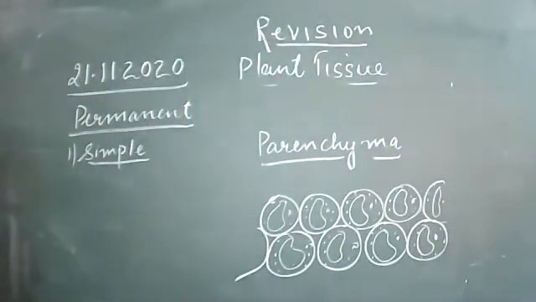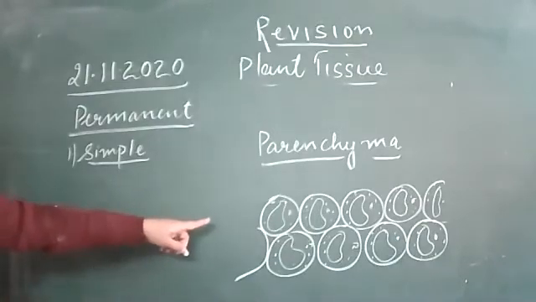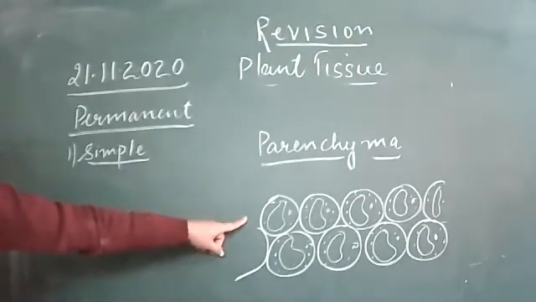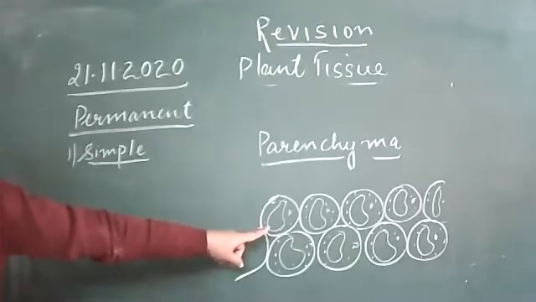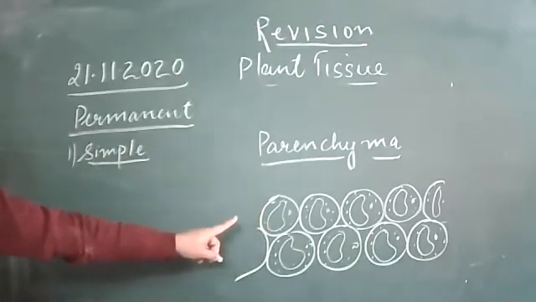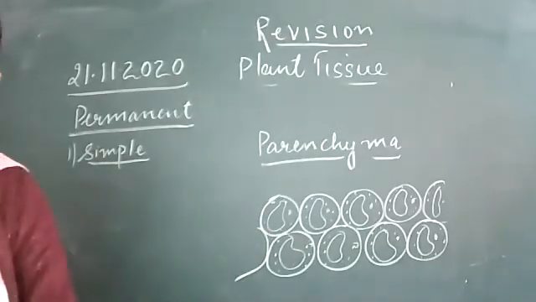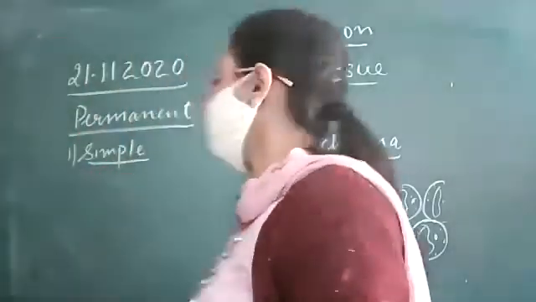Okay? So what is the labeling? There is a cell wall, then there is a nucleus, then there is a vacuole, and then there is the cytoplasm.